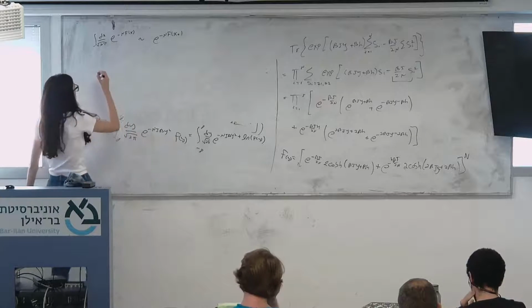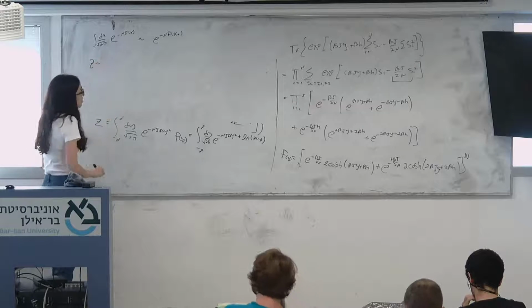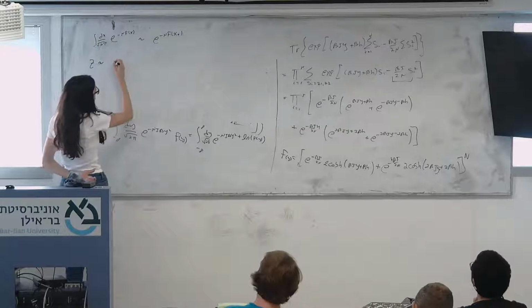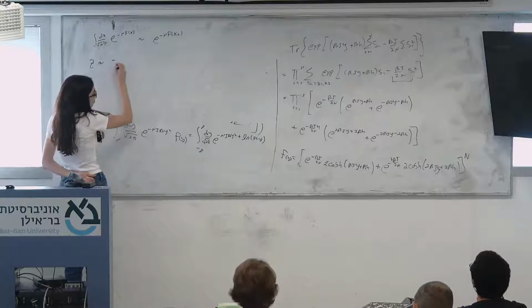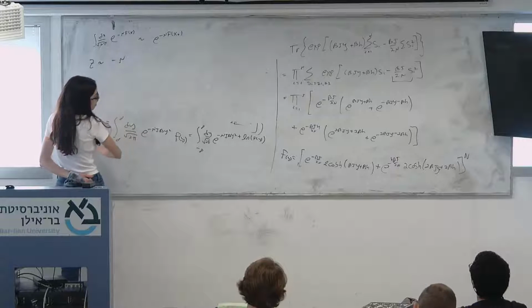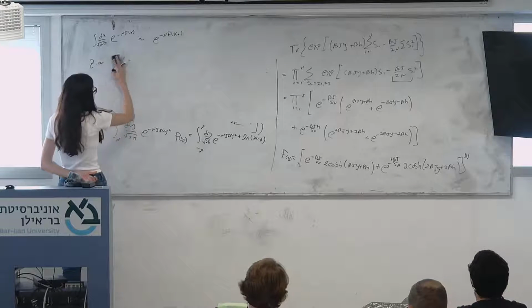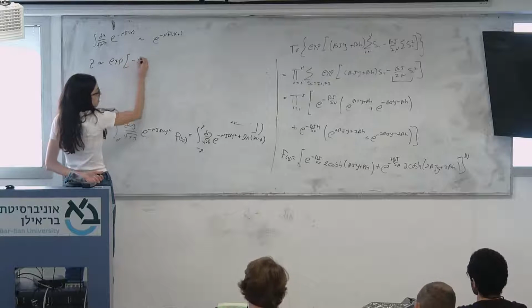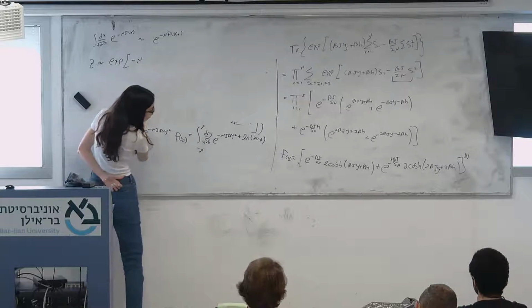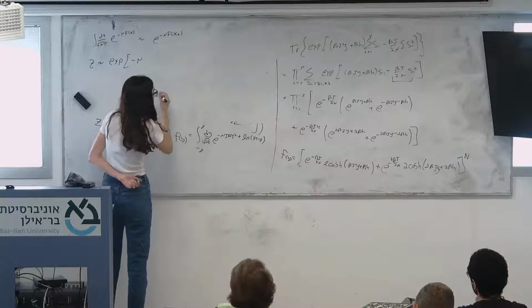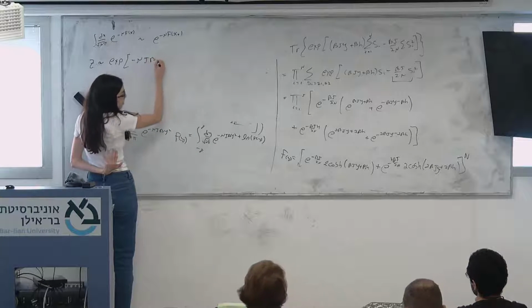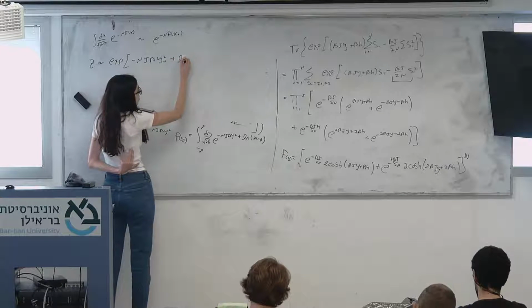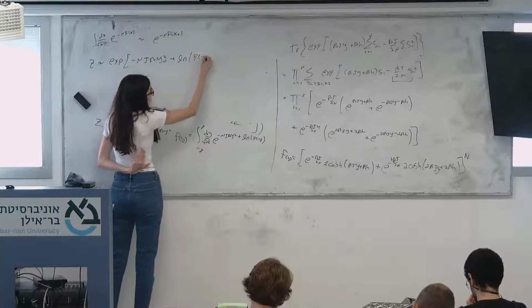So that means that the partition function is approximately equal to the exponent of minus n J beta y0 squared plus ln f of y0.